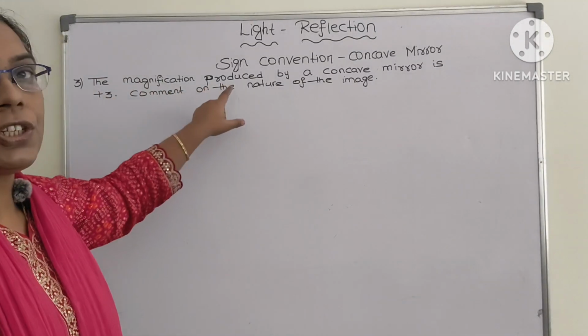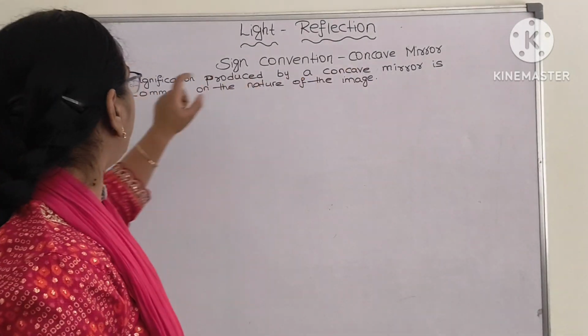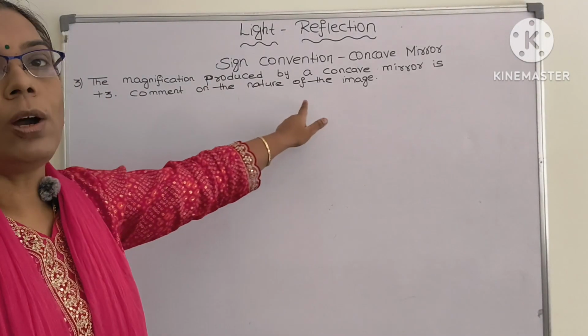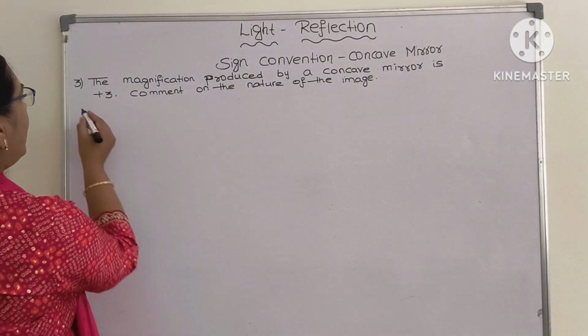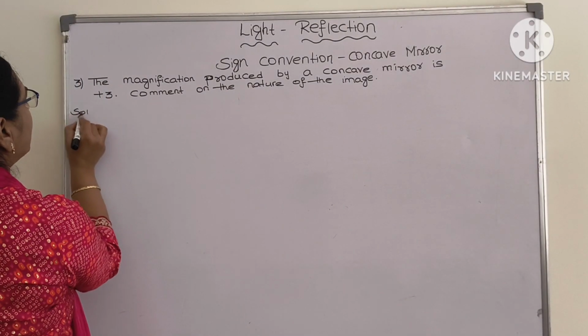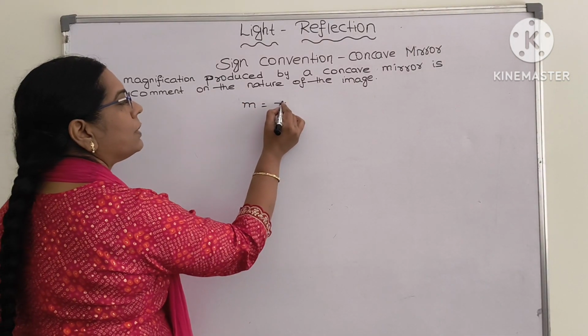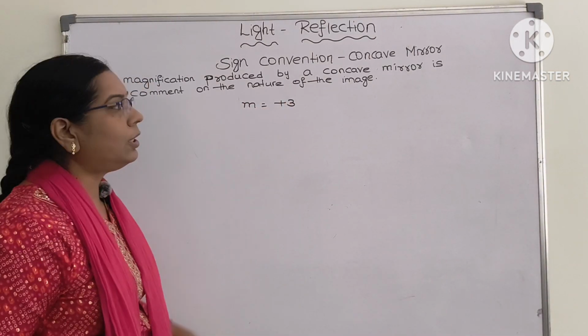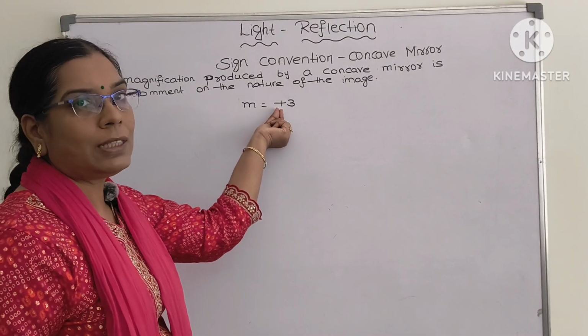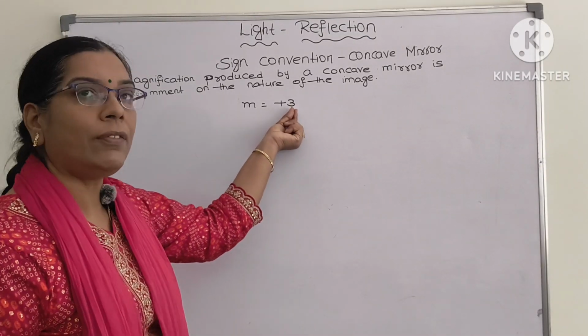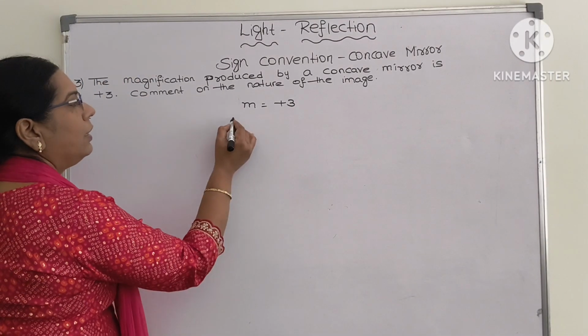The magnification produced by a concave mirror is plus 3. We have to comment on the nature of the image. So, how do you do this? Given m is equal to plus 3. What did I tell, children? This plus and minus sign have a meaning and the number will have a different meaning.